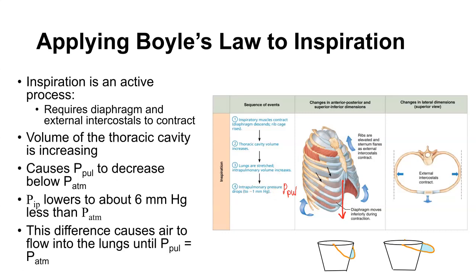As a result, because the pressure inside of the lungs is now less than the pressure in the atmosphere, air or gases are going to flow into the lungs down their pressure gradients until intrapulmonary pressure is 0, or equal to atmospheric pressure. Okay, so volume increases.